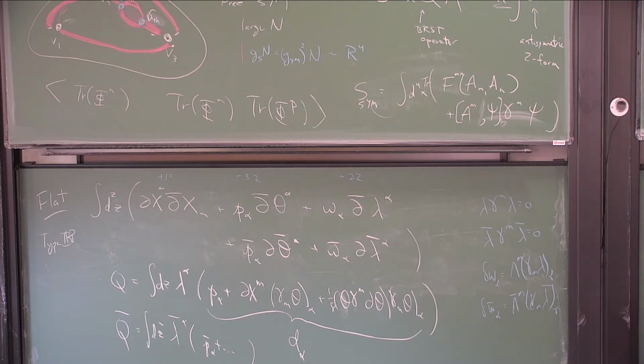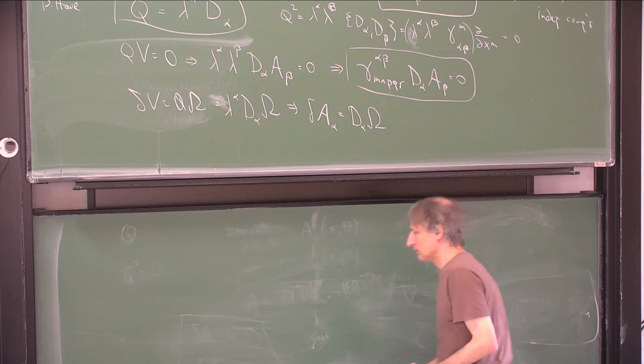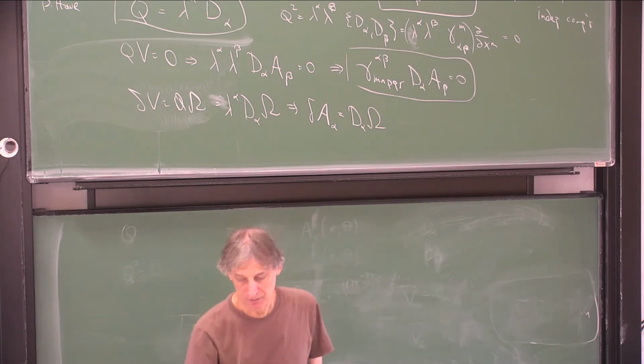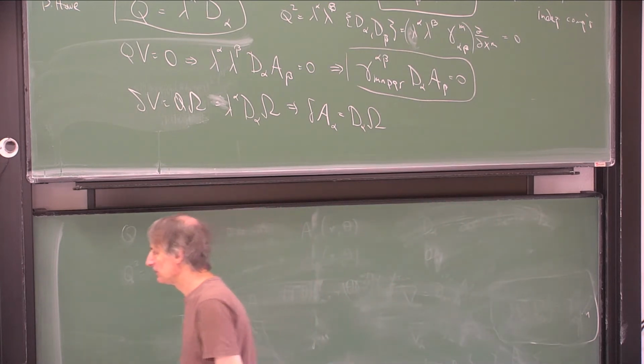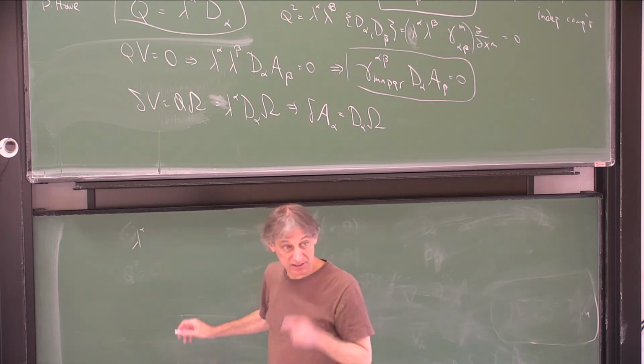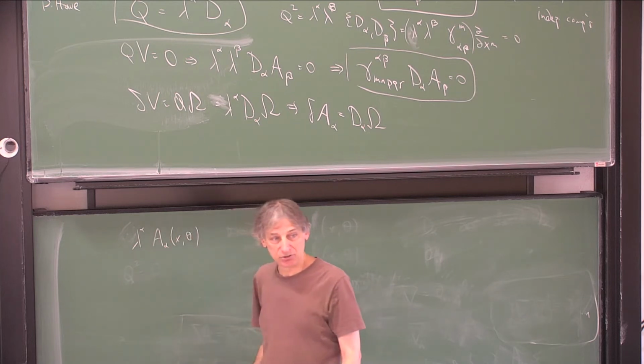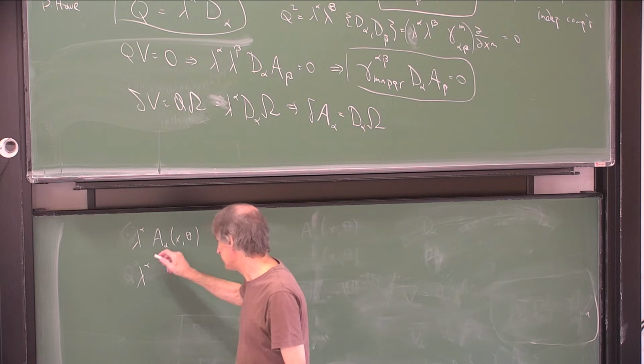Okay, so now we can compute scattering amplitudes in the usual way. So the spectrum of this now looks like what? For the open string, the massless sector is just lambda alpha A alpha X theta. But for the massive, you can start having derivatives here.